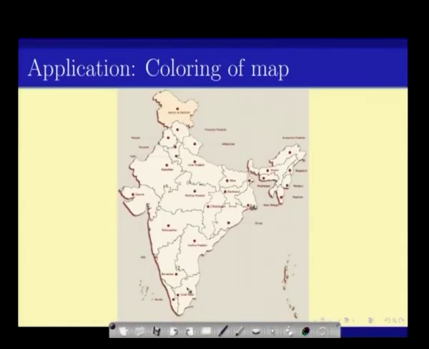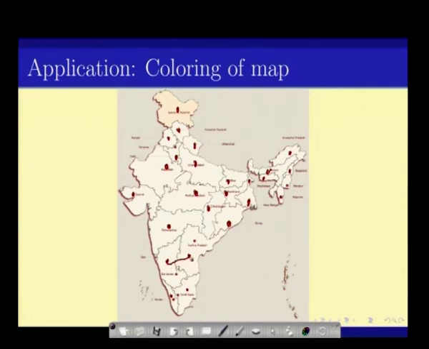Here is the graph theory version of it. For each state, we put a vertex, say for Tamil Nadu, Kerala, Andhra Pradesh, Maharashtra, Madhya Pradesh, Orissa, Chhattisgarh, and we keep on doing this for each of these states. Now, what do we do? If two states have a common boundary, for example, Karnataka and Andhra Pradesh, we draw an edge.